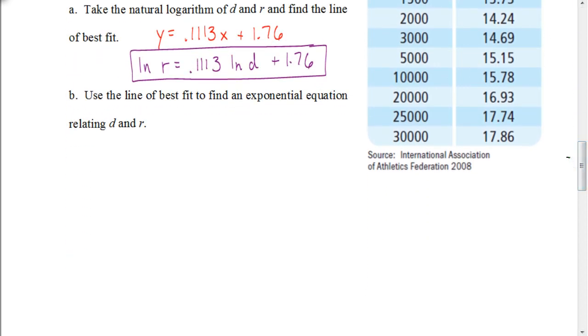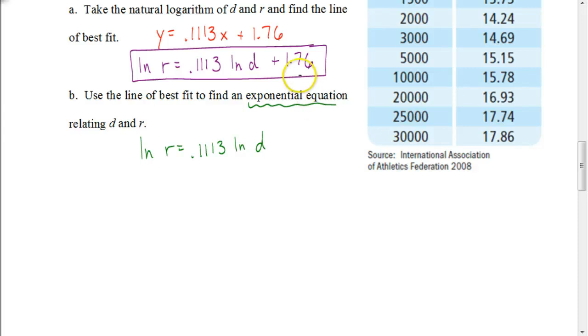Now we want to come up with an exponential equation, is what this is asking us for. So what I'm going to do is write this as natural log of r equals 0.1113 times the natural log of d. In order to get an exponential equation, I have to have all of these using the same logarithm.